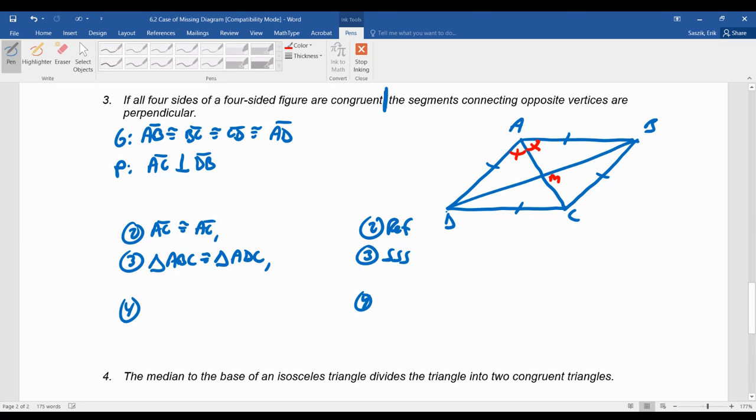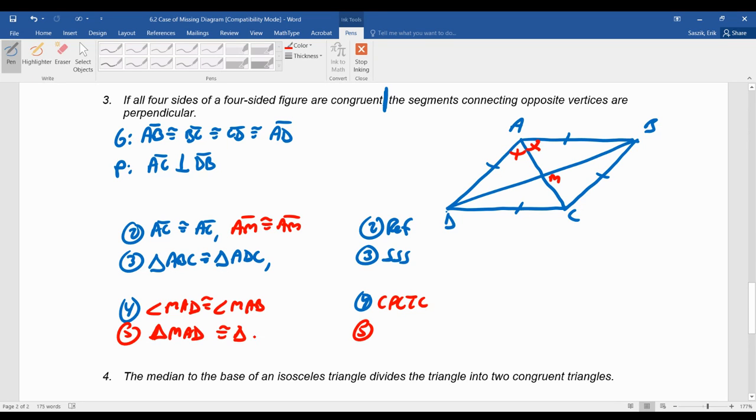Let's call this M. AM is congruent to AM. See, now once I take angle MAD congruent to angle MAB by CPCTC, I can now say that triangle MAD is congruent to triangle MAB by SAS.